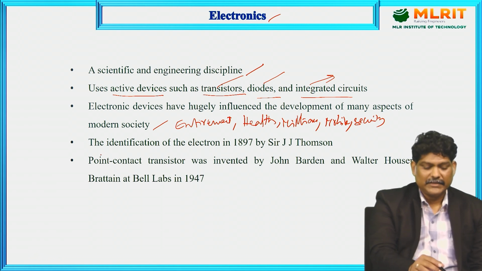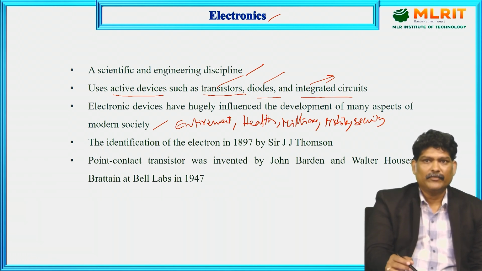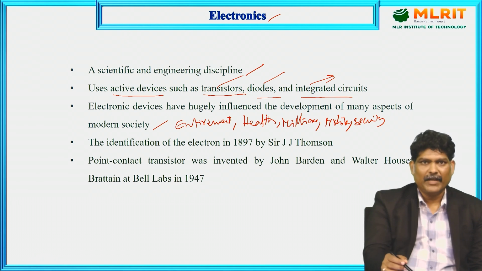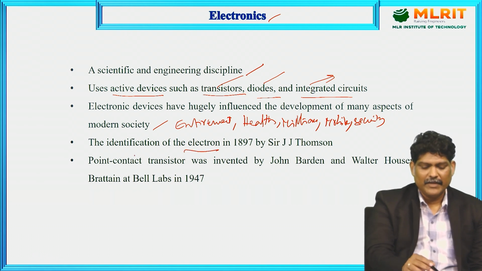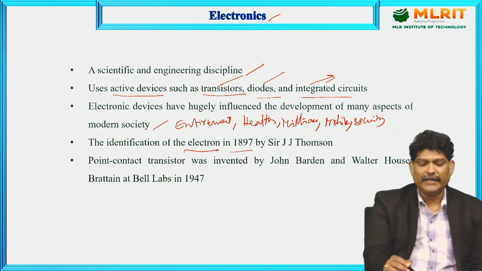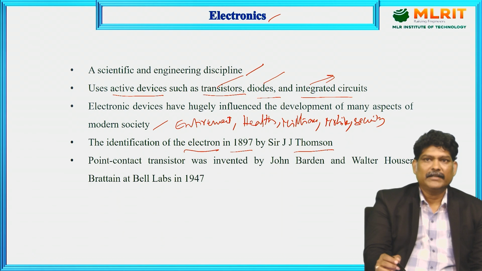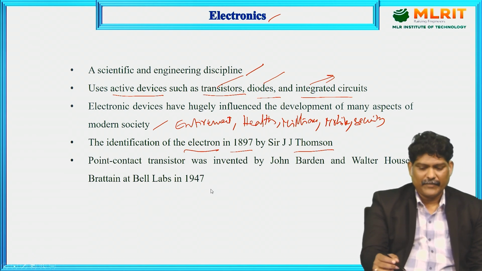The basic point behind electronics is the electron. The identification of the electron in 1897 by J.J. Thomson is from where the electronic industry evolved a lot.